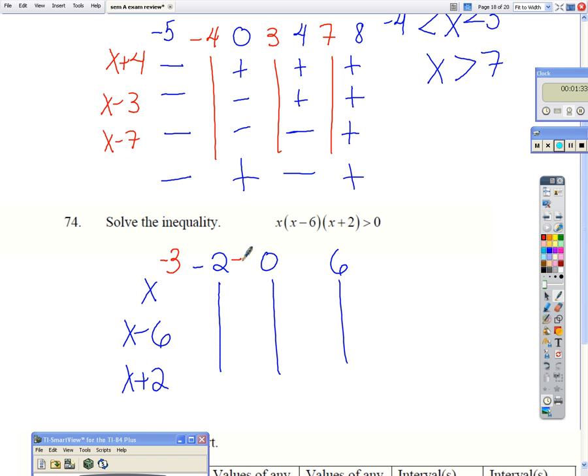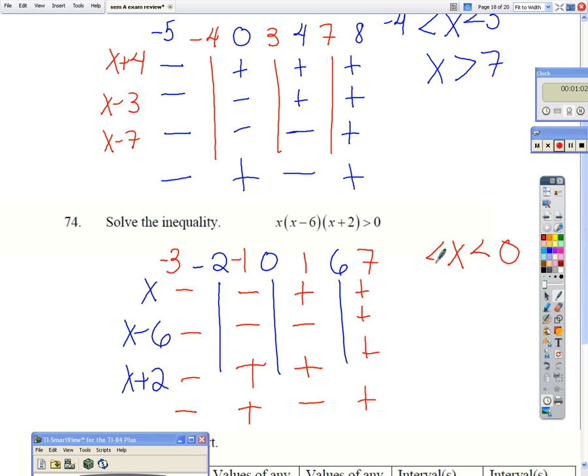Negative 3, negative 1, 1, and 7. Negative, negative, negative, negative, negative, positive, positive, negative, positive, and all of these will be positive. This gives me a negative result, this gives me a positive result, a negative result, and a positive. So the intervals where the function is greater than 0 is between 0 and negative 2, and when x is greater than 6.